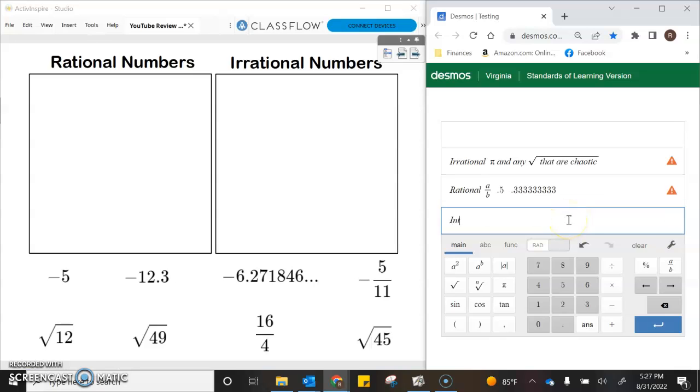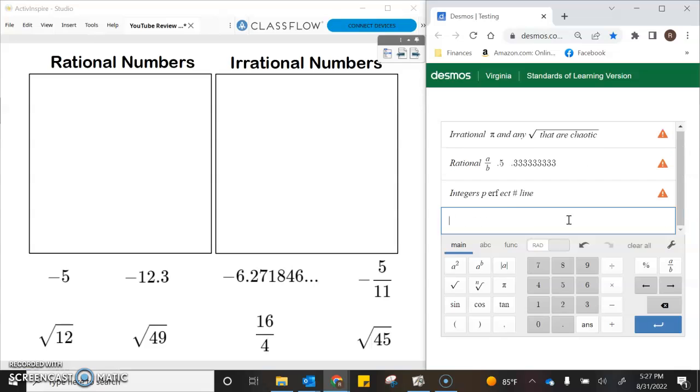After rational comes integers. That is the perfect number line. Okay. Then we have whole numbers, which is 0, 1, 2, and it keeps going. And then finally, we have natural numbers, which start at 1, 1, 2.